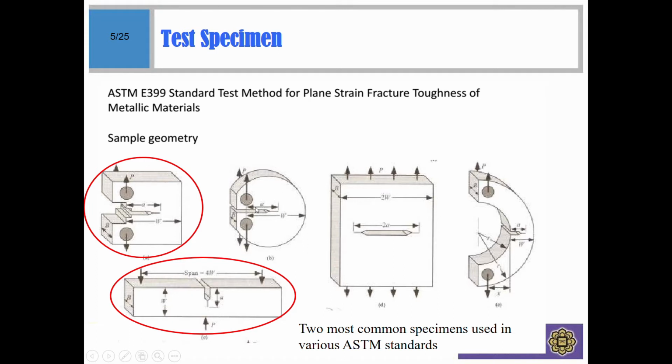The same in this case, A, W, B, and P. So as long as you observe the value of each parameter, you can directly use this specimen in the required machine. These are the two most common specimens used in various ASTM standards.